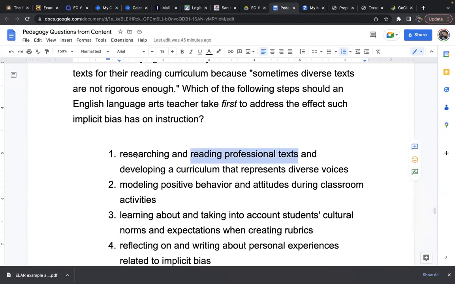And if you read in professional literary magazines and scholarly work, you'll be able to find a wealth of voices from diverse texts to incorporate with existing curriculum in order to rectify this. So one is the only one that addresses what needs to be addressed, that makes a change in the curriculum to help with that implied bias.